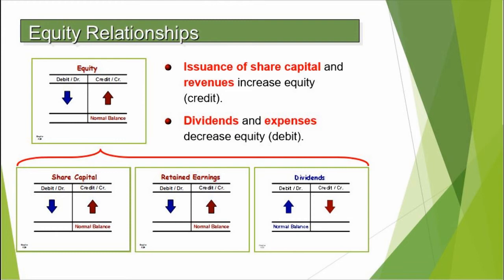Dividends, revenue, and expense are eventually transferred to the retained earnings at the end of the period. As a result, a change in any one of these 3 items affects the equity.